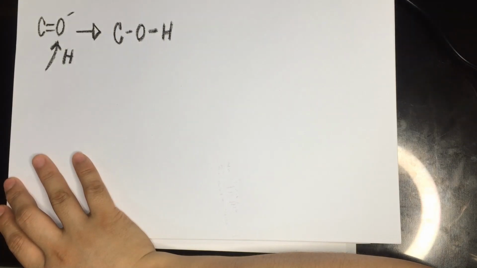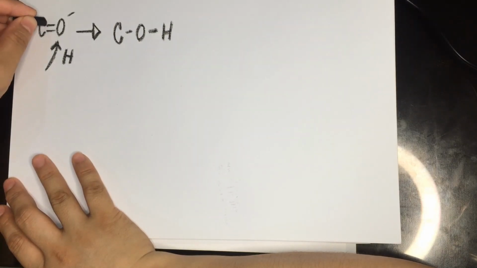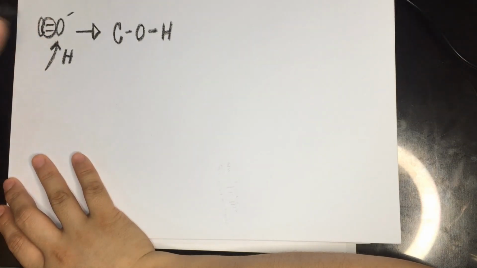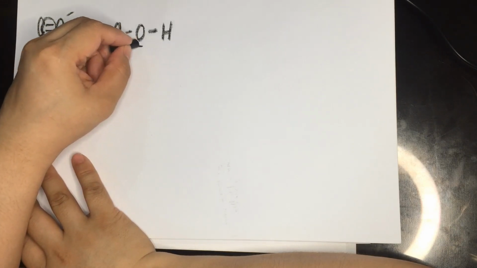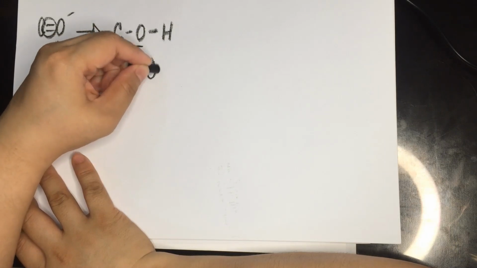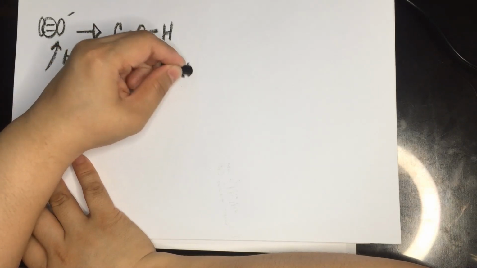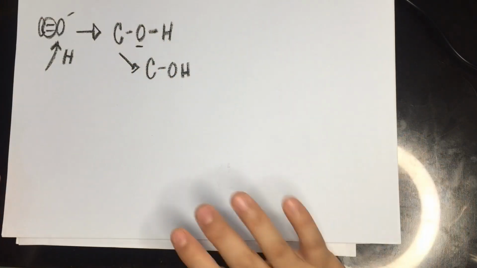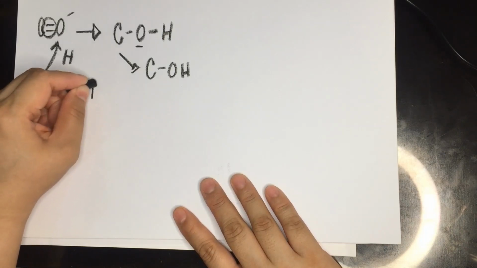As we have observed, the double bond is no longer present because our oxygen bonded with hydrogen. As a result, we have here COH. Let us try to determine the D-fructose.